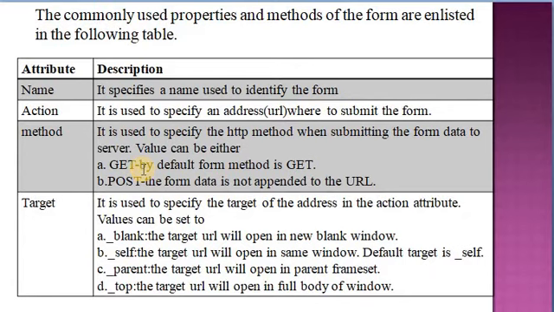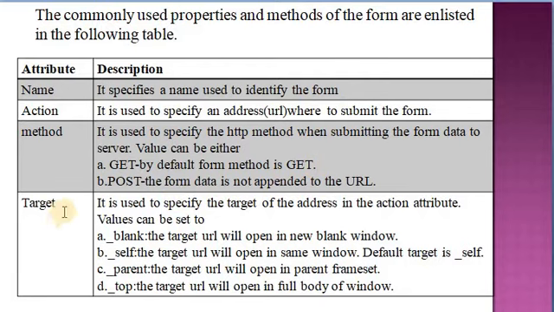Get is the default method, which appends the form data to the URL in a name value pair. The post method sends the form data as an HTTP post transaction, which means the form data is not appended to the URL.